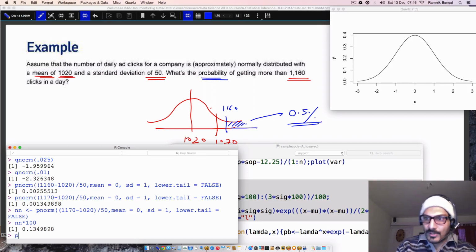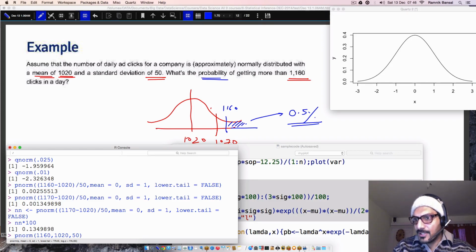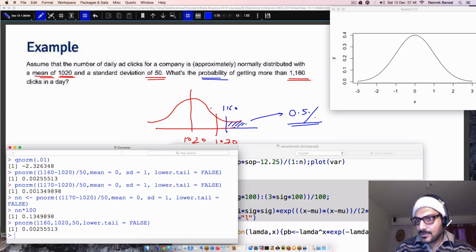Let's just try this out as it is with pnorm. We say pnorm of 1160, comma, mean is equal to 1020, comma, standard deviation is equal to 50, comma, lower.tail is equal to false. No, I'm getting the same answer.